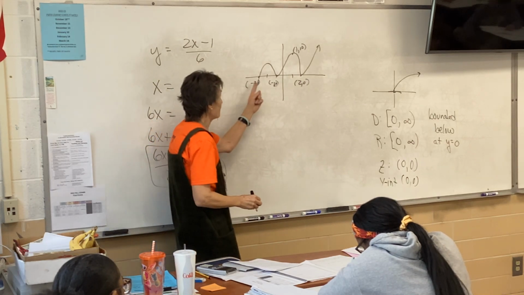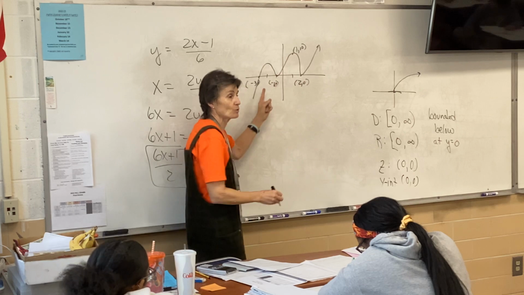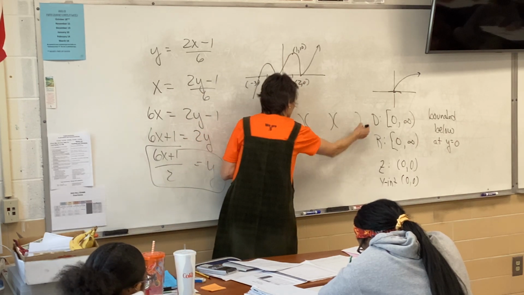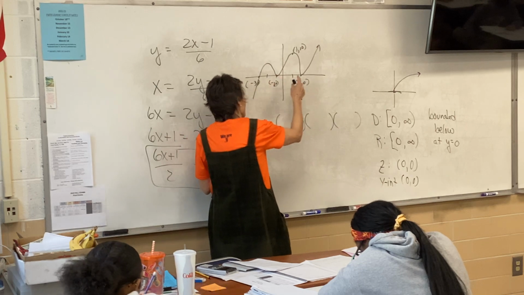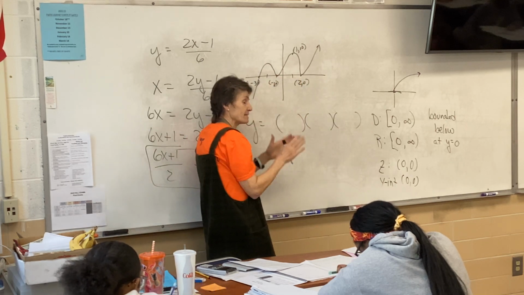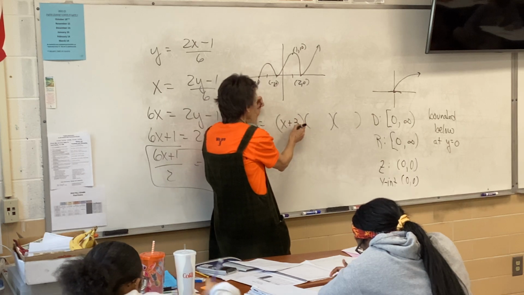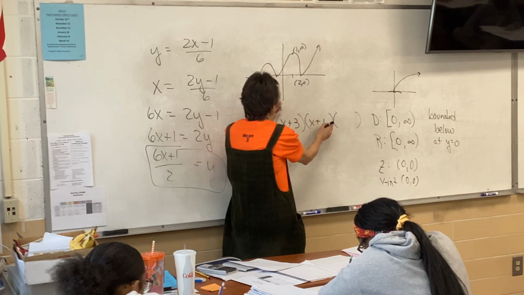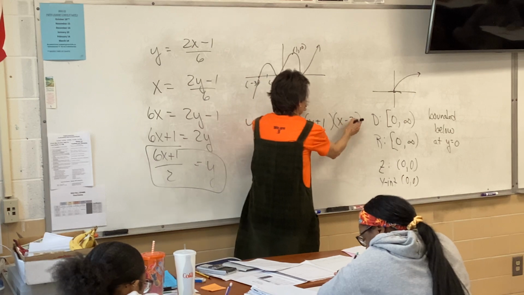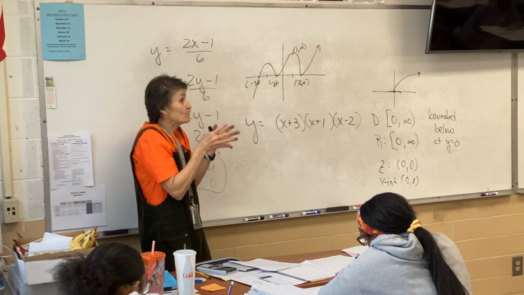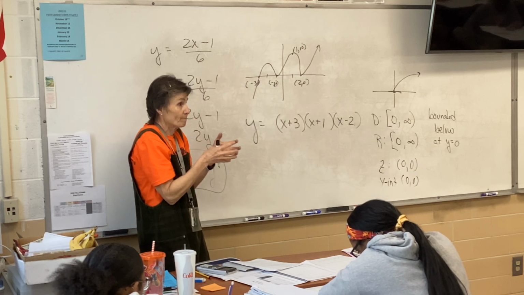The zeros are right there staring at me, so we're gonna build some factors. Every x-intercept gets a factor. So x plus 3, x plus 1, x minus 2. That has got to be step 1. That's the foundation of your equation.